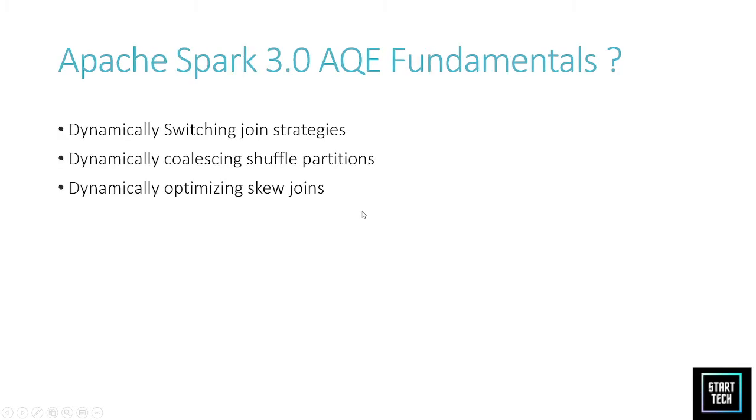For adaptive query execution there are three fundamentals: dynamically switching join strategy, dynamically coalescing shuffle partitions, and dynamically optimizing skew joins. We'll see each of them in detail.